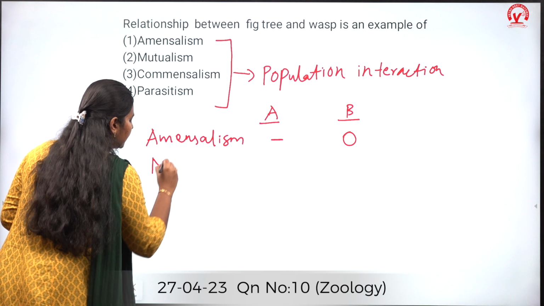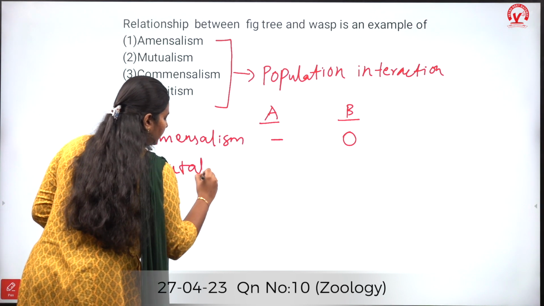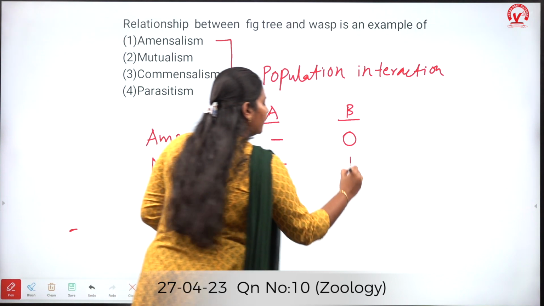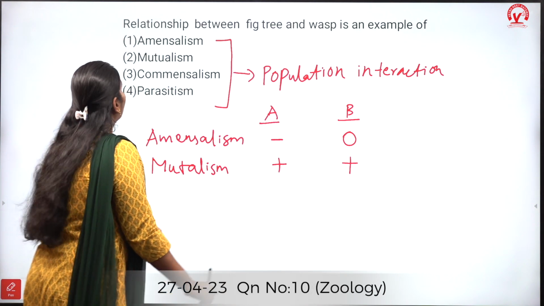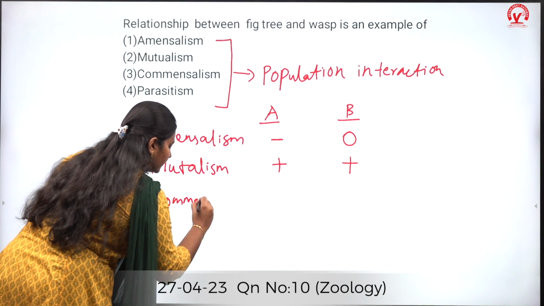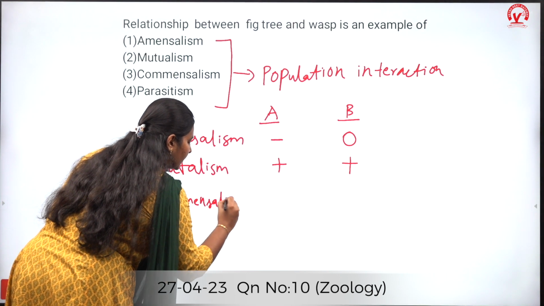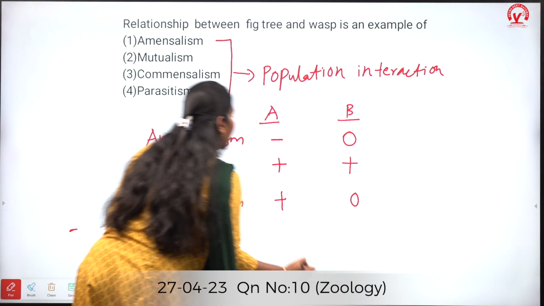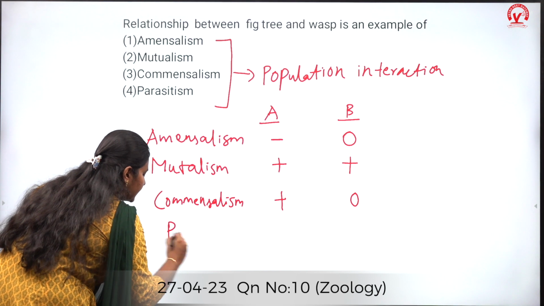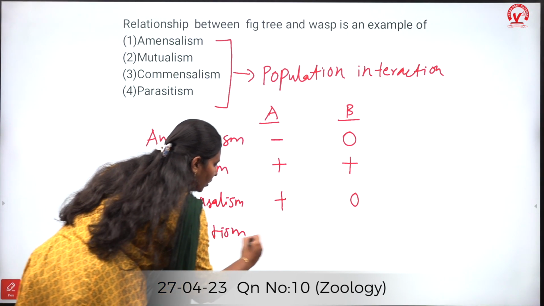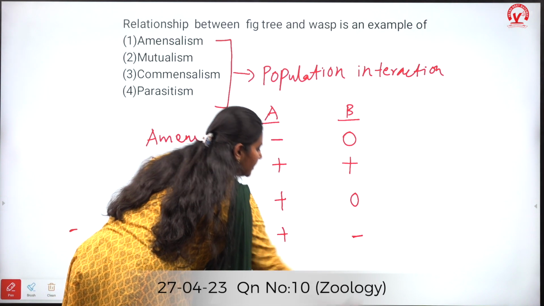In mutualism, both the species get benefited, and in commensalism, one species gets benefited and the other one is not harmed, and in parasitism, one gets benefited and the other one is harmed.